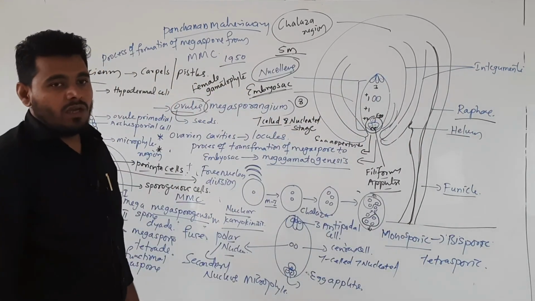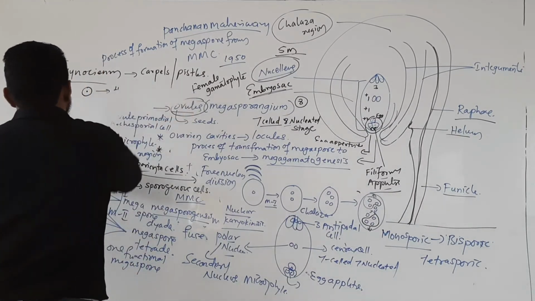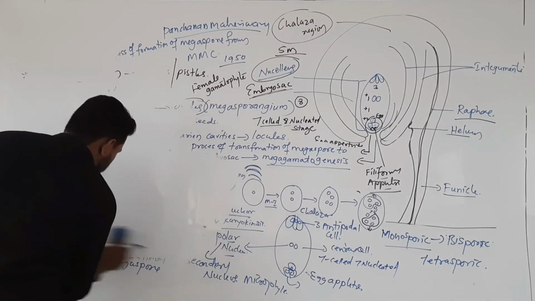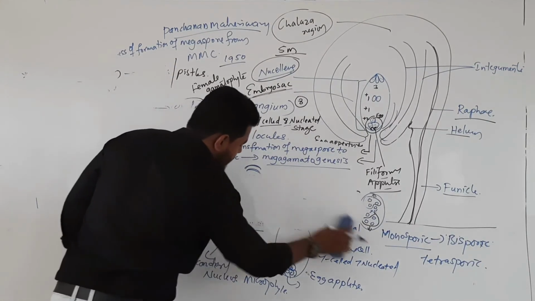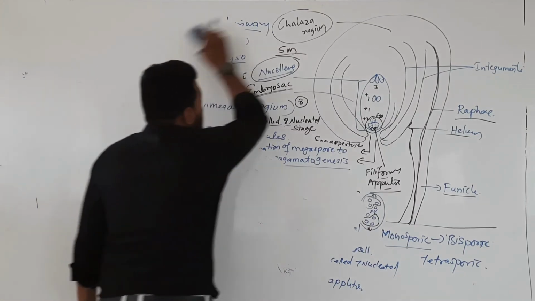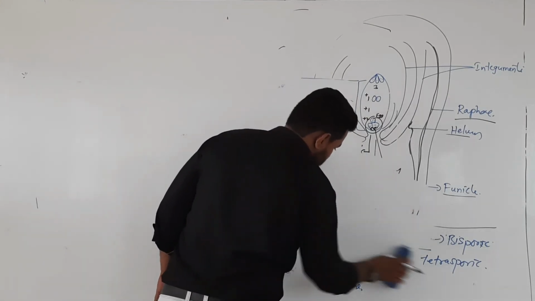So what are these monosporic, bisporic and tetrasporic types? We will discuss that process through a chart.